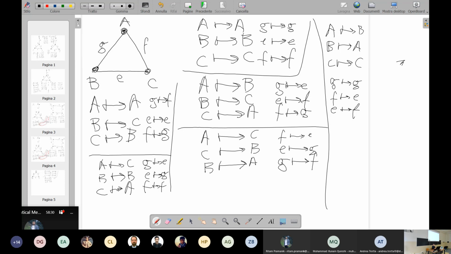Not only is it a set of automorphisms, it is also a group, but this is beyond what I'm willing to do in this course. It would be anyway very interesting because it is a group under the operation of composition of maps. If you compose, for instance, one flipping with another, you get a rotation, and if you compose a rotation with a rotation, you get a rotation.